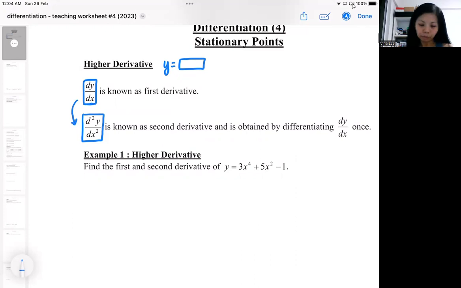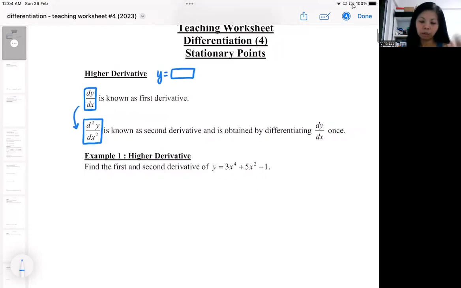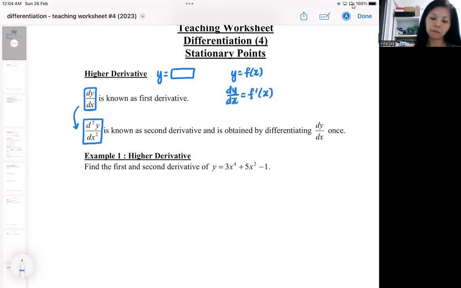Okay, so I also need to show you another type of notation. Sometimes you will encounter f(x). So dy dx is equivalent to f prime. You might see this kind of notation in O level.